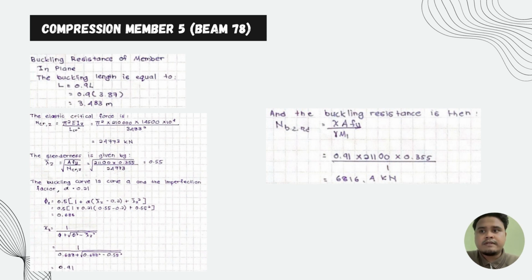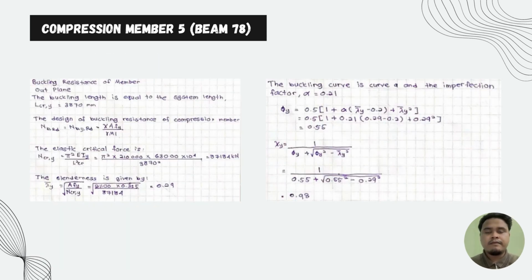And then we must do the buckling resistance of member. The first one is for the in plane. So the NBZRD for the buckling resistance in plane is 6,816.4 kilonewton. Then we must do the buckling resistance for the out of plane.